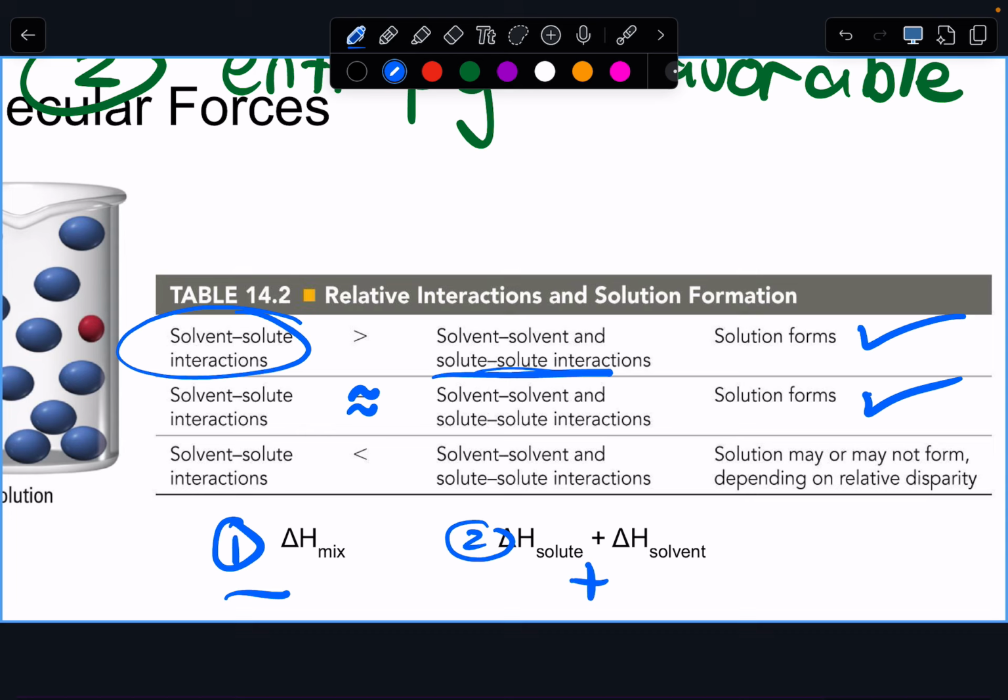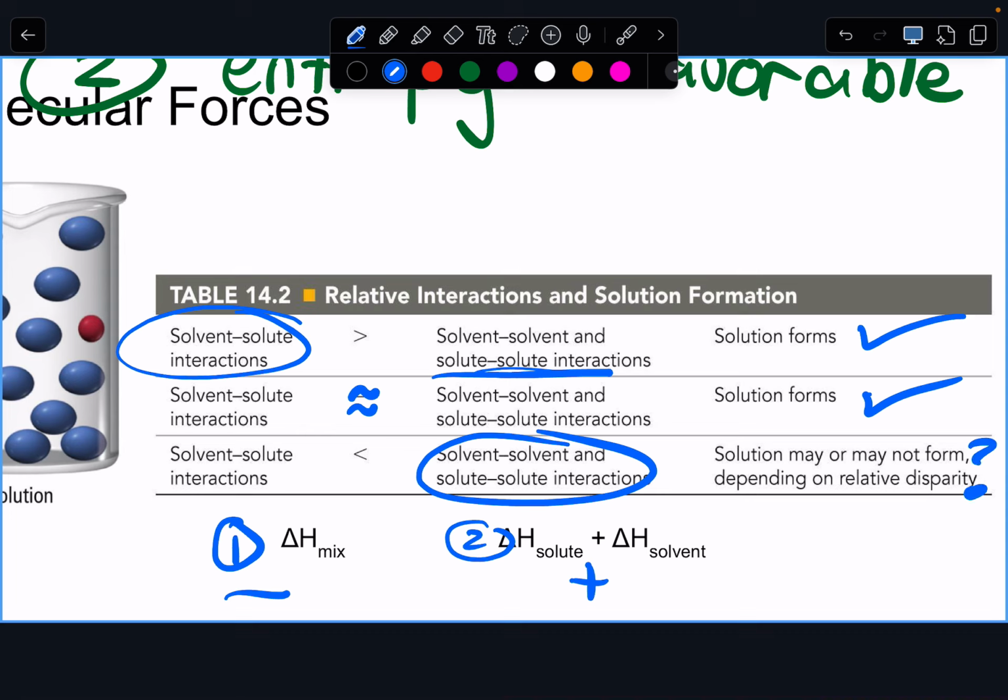But if you start to get this being significantly higher, the energy required versus the energy that's released, then it really is going to depend on how big of a difference it is. I wish they had flip-flopped this table so that it stayed consistent with how the pictures are drawn, but whatever. I should remake it my own. Okay, so this one we don't really know.